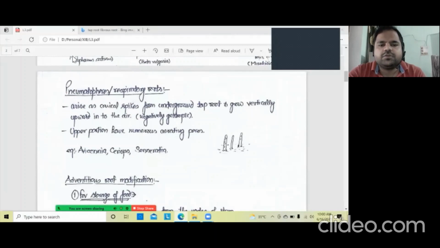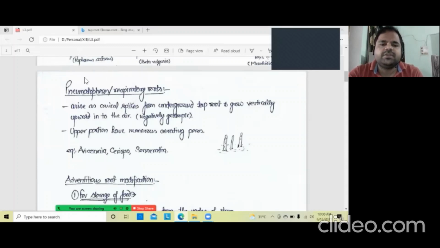So pneumatophores, or respiratory roots, are modified for the respiratory purpose. These arise as conical spikes from the underground taproot and grow vertically upward in the air, and these are negatively geotropic. All the roots except these pneumatophores are positively geotropic.